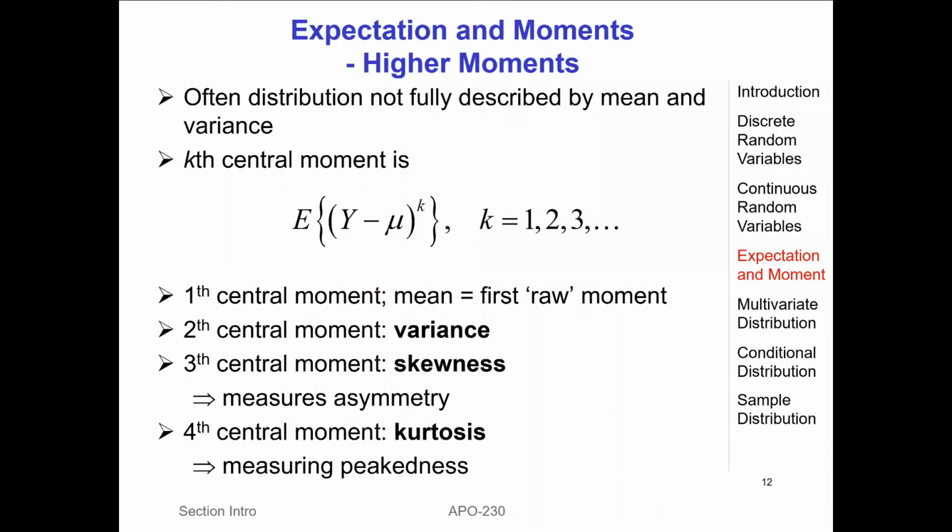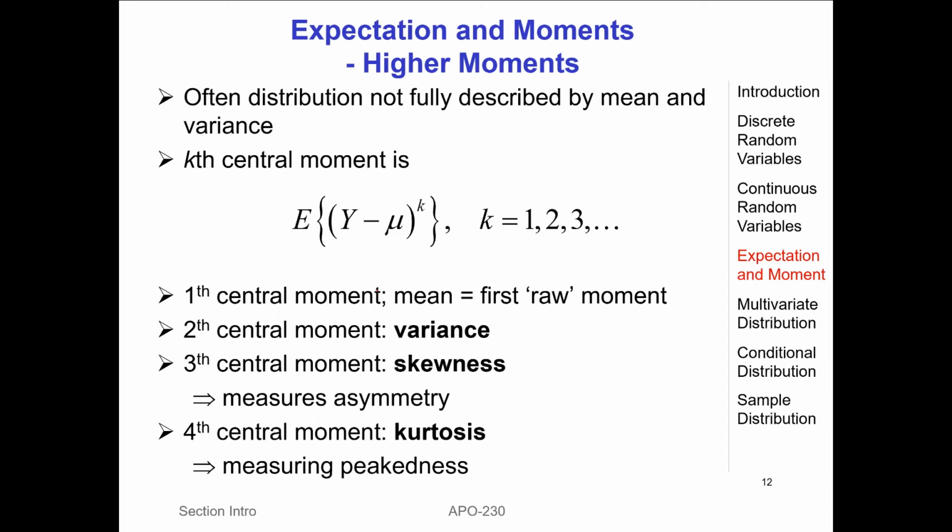Now let's also talk quickly about those higher central moments of the distribution. Quickly, because I have not so much to add compared to what you have gone through in the winter semester.